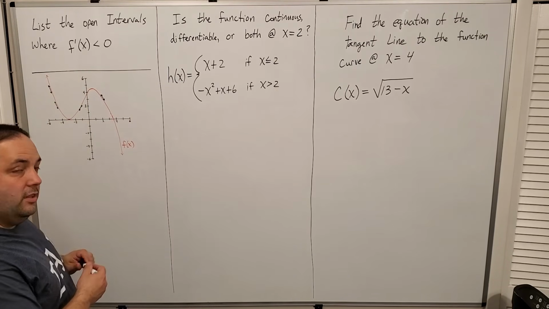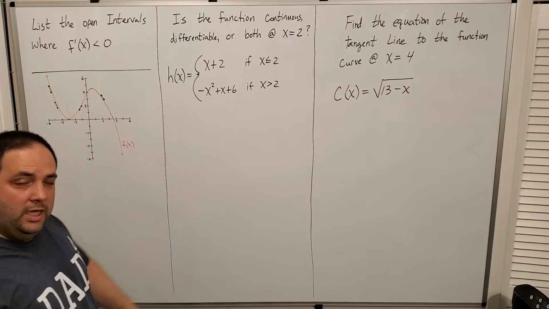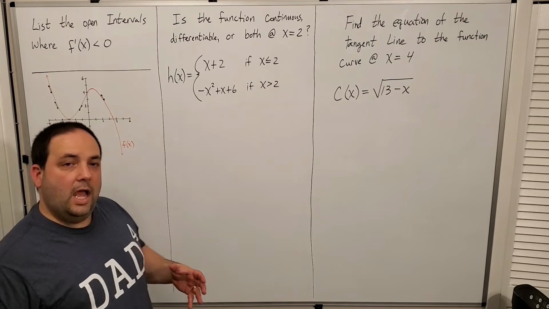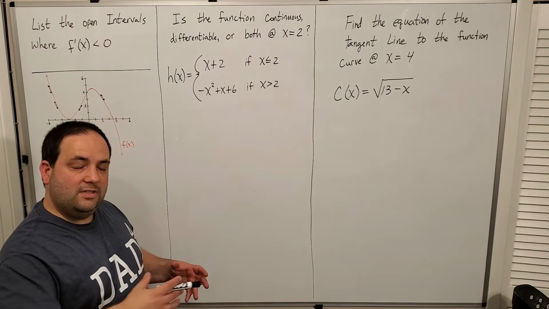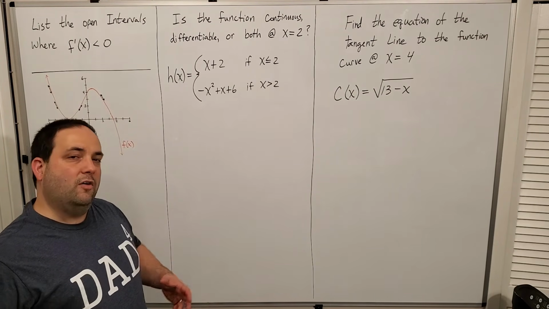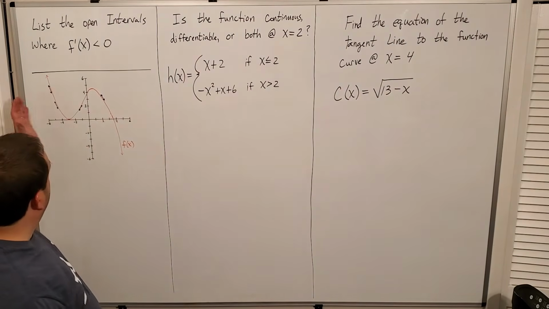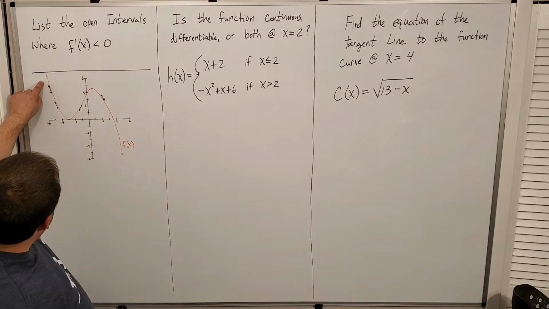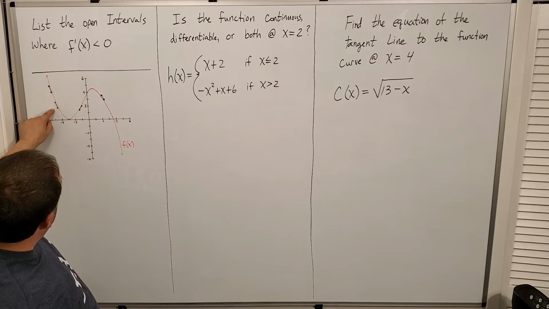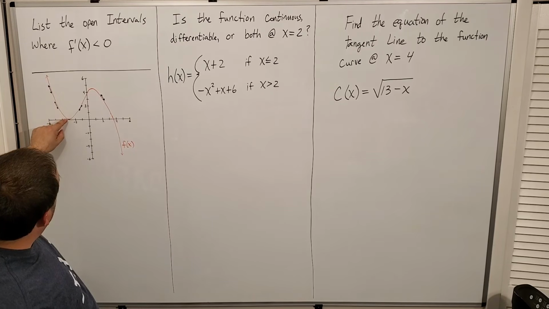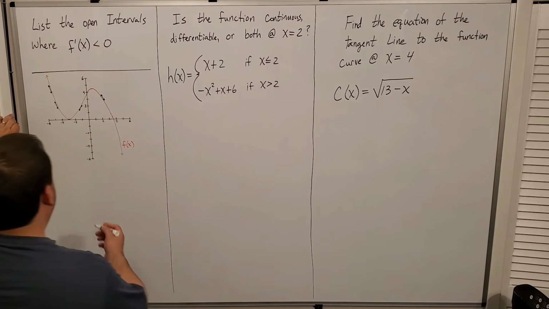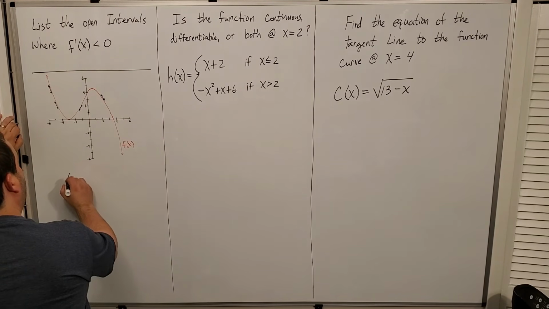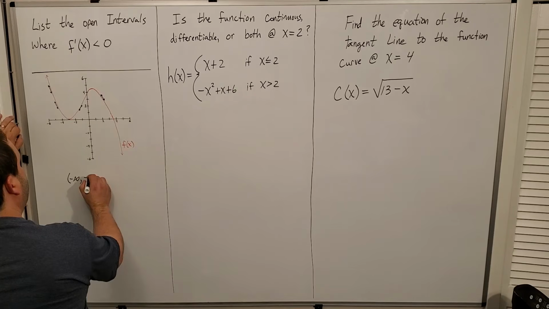Later in the course, you'll connect the ideas of having a positive or negative slope with being an increasing or decreasing section of the function. From left to right, this is decreasing, going downward, the slopes are negative, all the way up until -3.